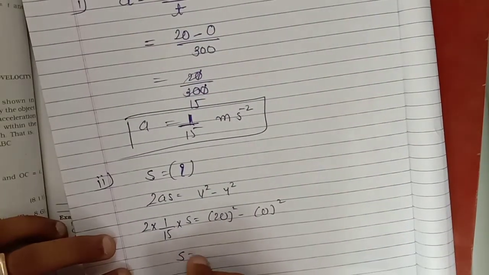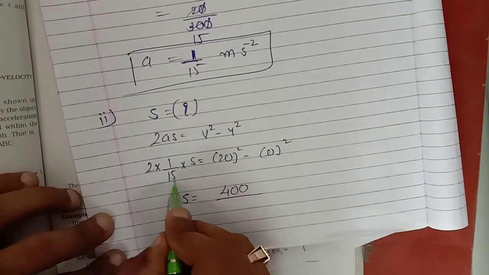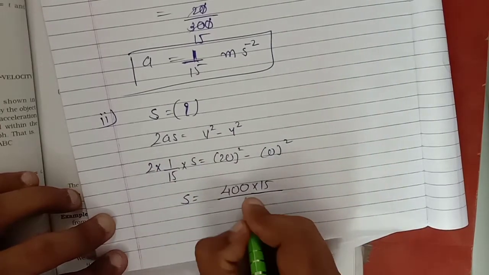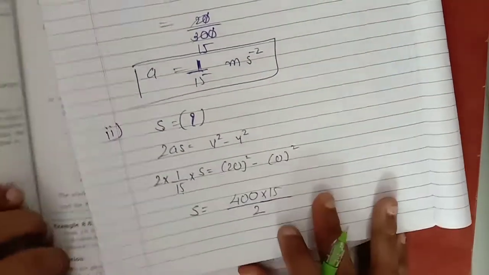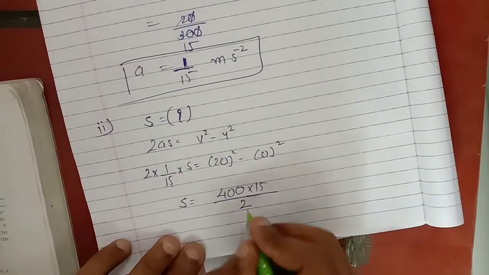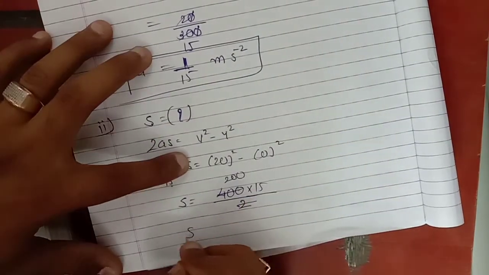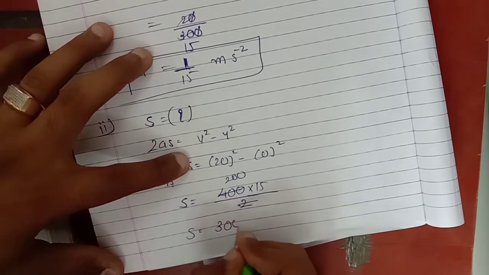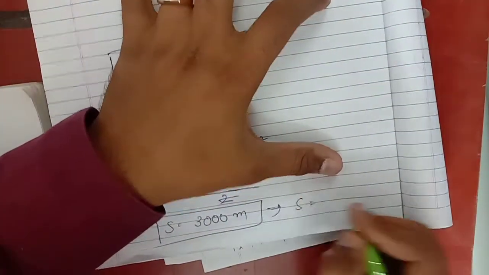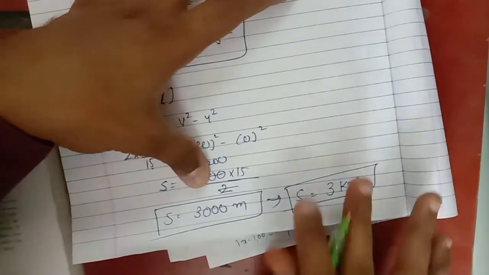So 20 square is equal to 400. The 15 in the divisor transfers to the right-hand side and multiplies; the 2 in the multiplier transfers to the right-hand side and divides. So 400 multiplied by 15 upon 2, which is 200 times 15, which is 3000 meter distance traveled. If you convert into kilometer, this is 3 kilometer.